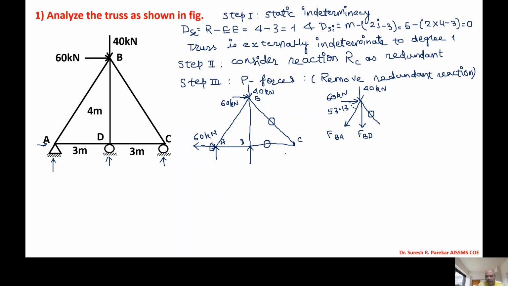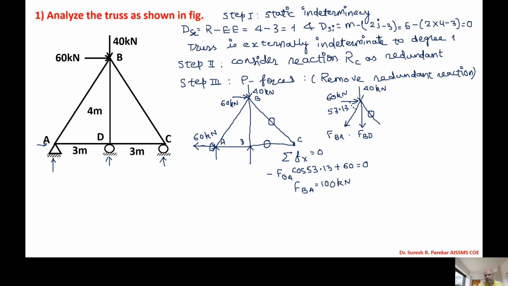Now we apply summation Fx equal to 0, and we get minus FBA cos 53.13 plus 60 equal to 0. If we solve this, we get FBA equal to 60 divided by cos 53.13, and this value is 100 kilonewtons.